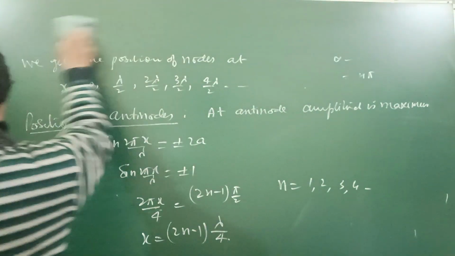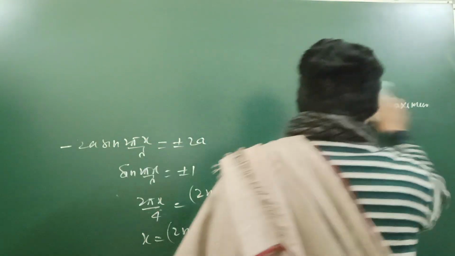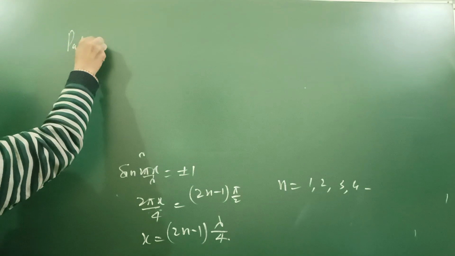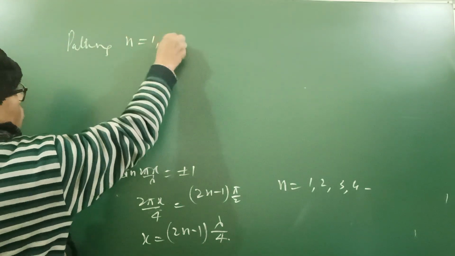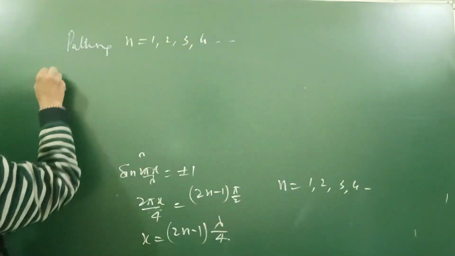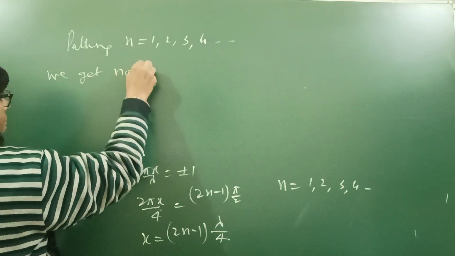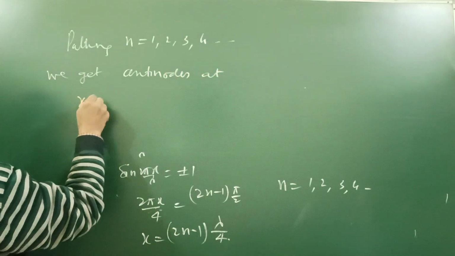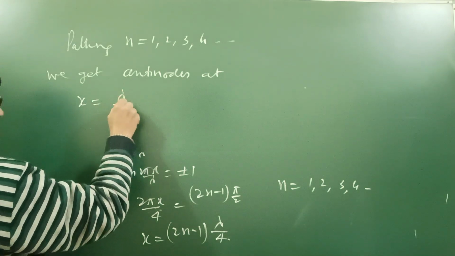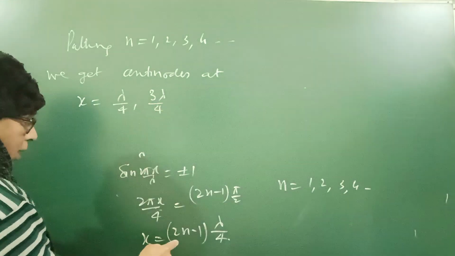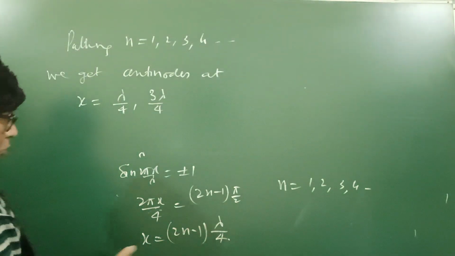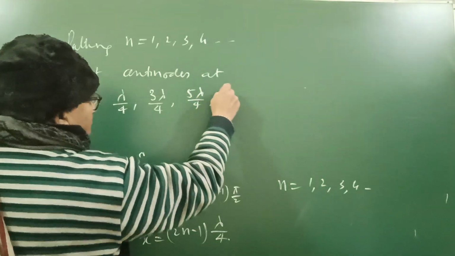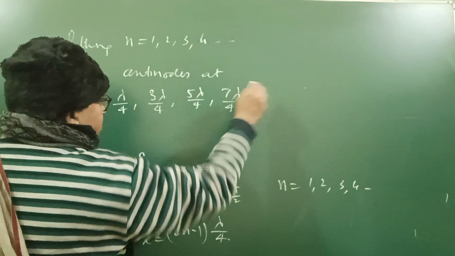Putting n equal to 1, 2, 3, 4 and so on, we get antinodes at x equal to lambda by 4, 3 lambda by 4, 5 lambda by 4, and 7 lambda by 4, and so on.